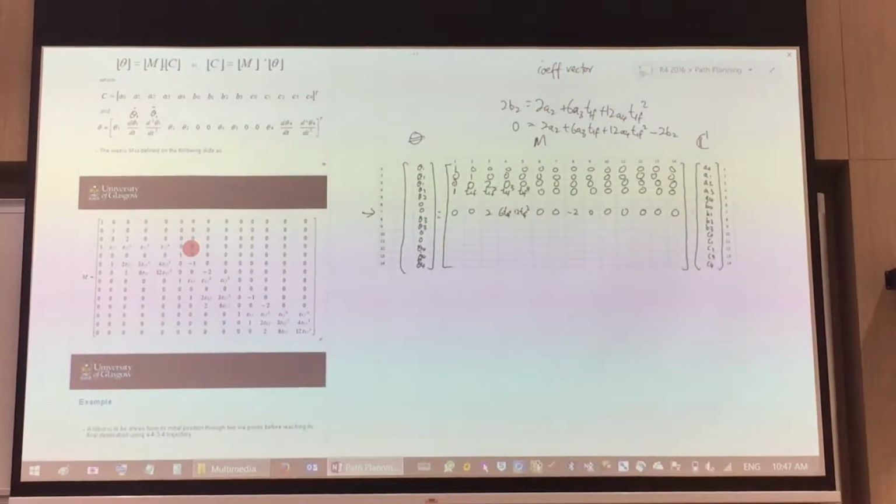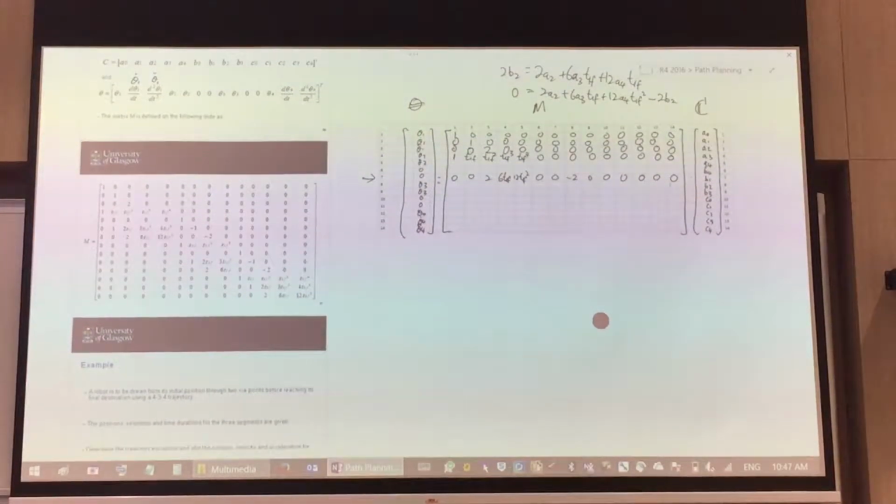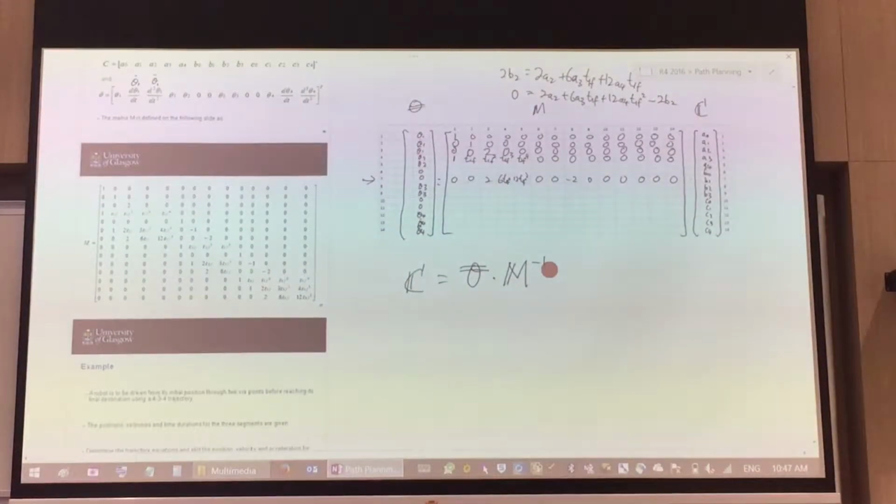But why do we have this matrix? That's because at the end of the day, we want to find out how do we go about solving for our coefficients, these C coefficients. So in order for us to be able to solve for our coefficients, we express C as equal to theta multiplied by the inverse matrix of M. The inverse matrix of M is huge now.